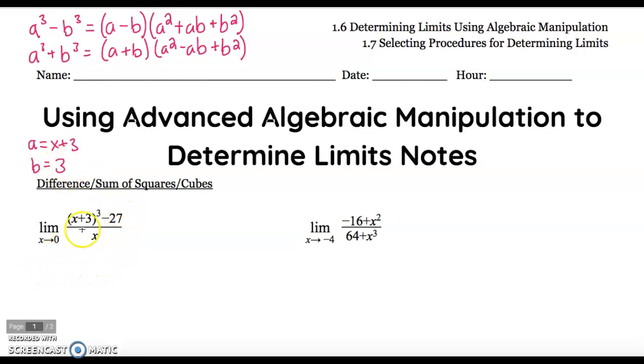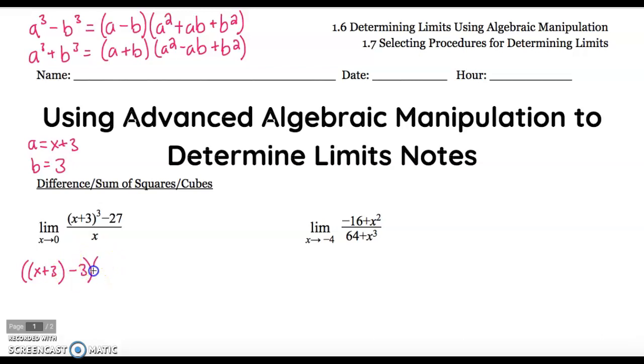All right, so let's go ahead and start simplifying the numerator of this rational expression. Because this is a cubed minus b cubed, I'm going to rewrite it using this side of the formula. So our a is going to be x plus 3, and then minus our b value, which is 3.